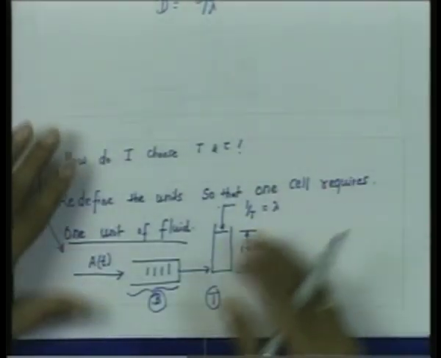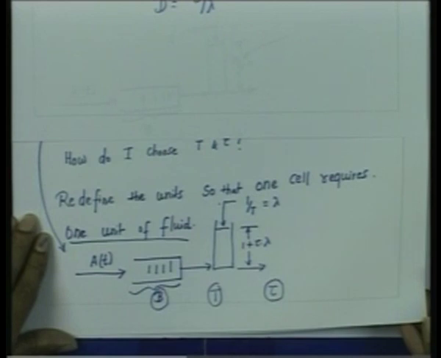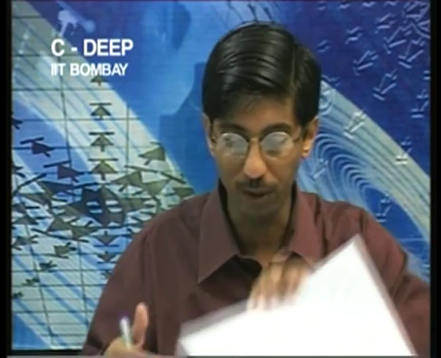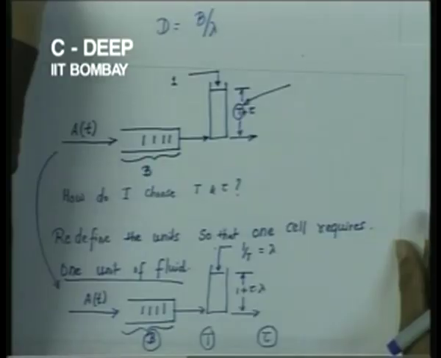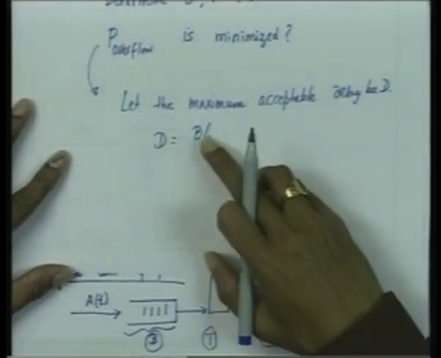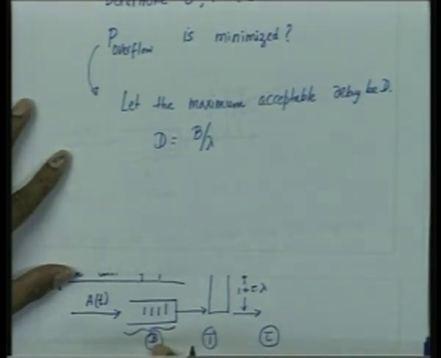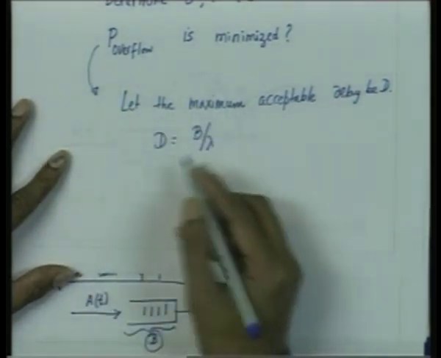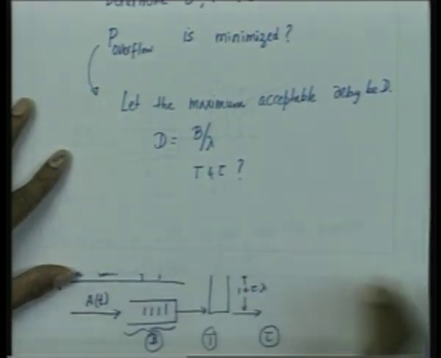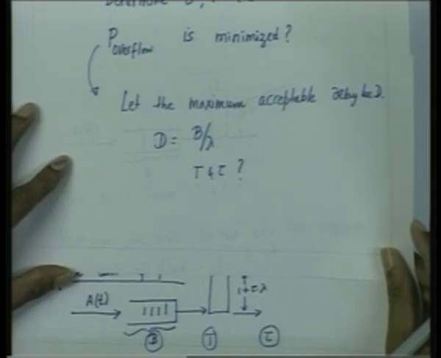So in this picture, one problem is to determine the values of B, T and tau in such a manner that the probability of a buffer overflow is minimized, or else the other problem is to assume that there is a maximum acceptable delay D such that there is a maximum acceptable backlog B, and then how do we choose the values of T and tau such that the delay D is acceptable.